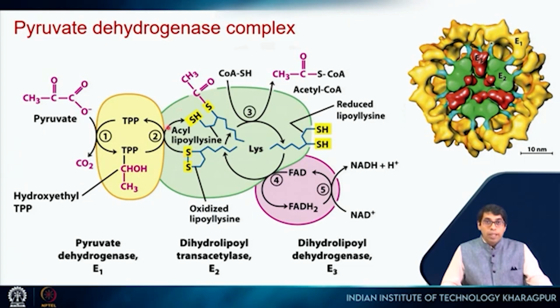And when that oxidation happens, this lipoyllysine, which is present in the oxidized form, gets reduced. So, this gets reduced and this gets oxidized, right. So, we have this acetyl lipoyllysine. Now, this arm is a very flexible part as we have seen in the structure.